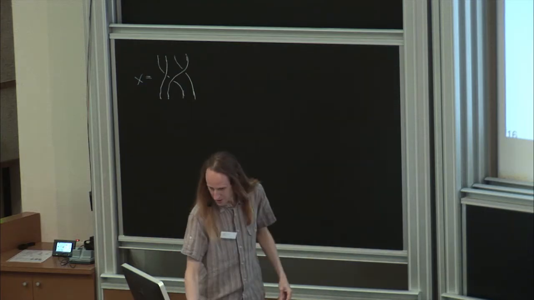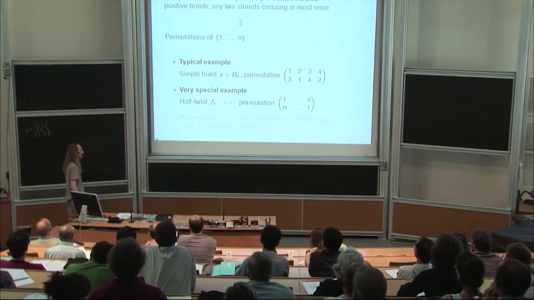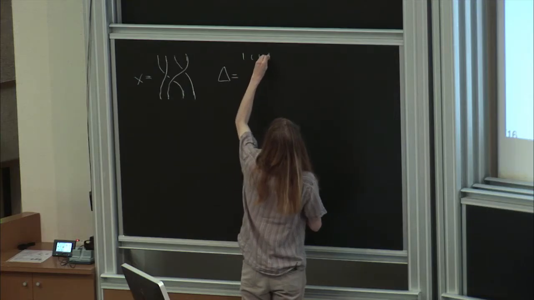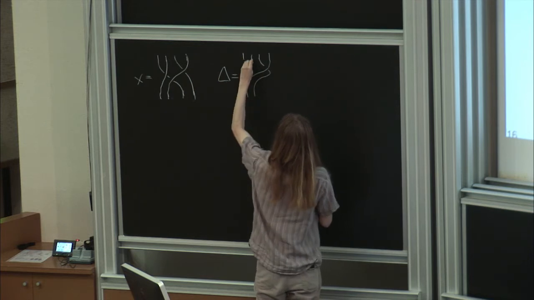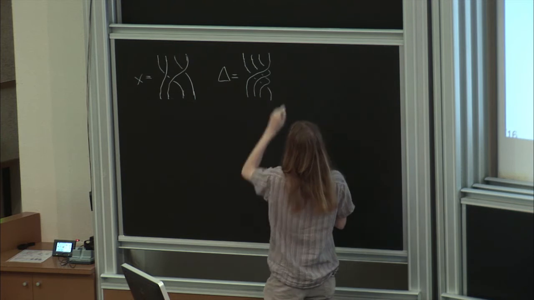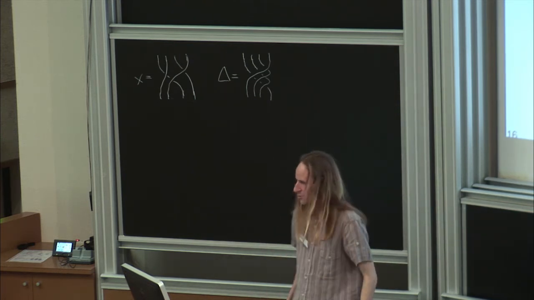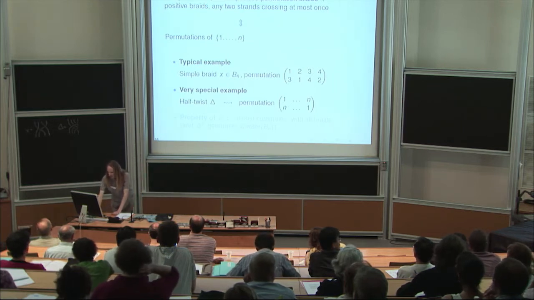There's a very particular example, very important in the whole theory, which is the half-twist braid delta, which corresponds to the permutation which just reverses the numbers 1 to n.